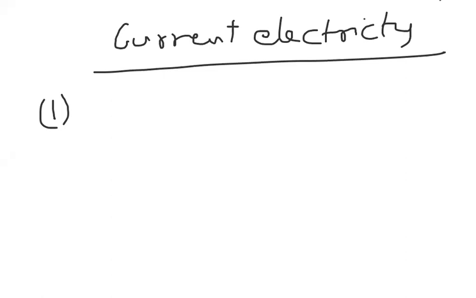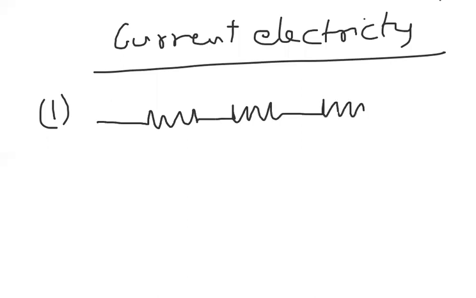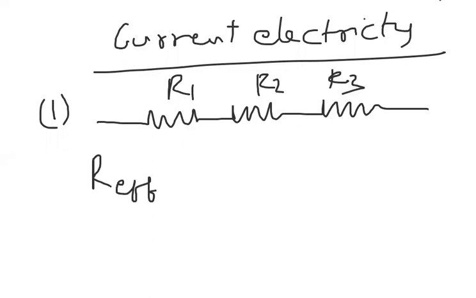Now, if three resistances are connected one to another, R1, R2, R3, what is the effective resistance? Effective resistance in series combination is simply R1 plus R2 plus R3.